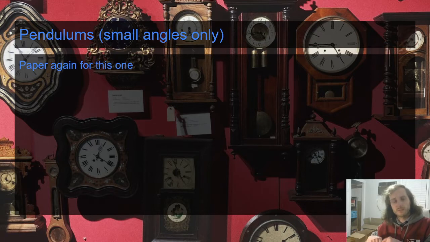The only difference for a physical pendulum should be that you have to use the moment of inertia instead of using the mass to determine how the object is going to move.